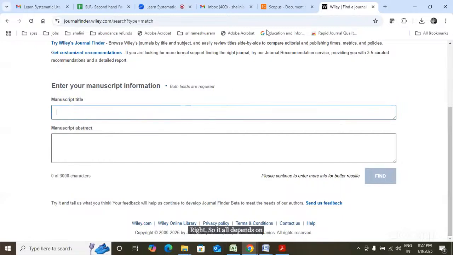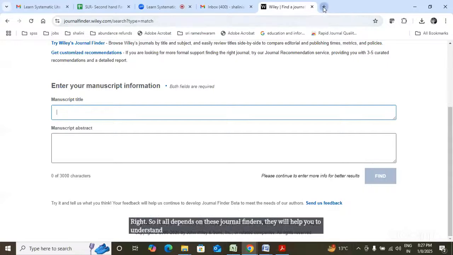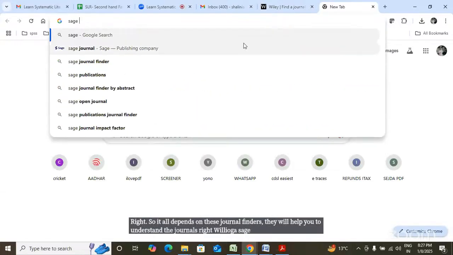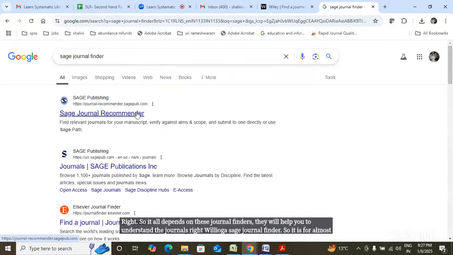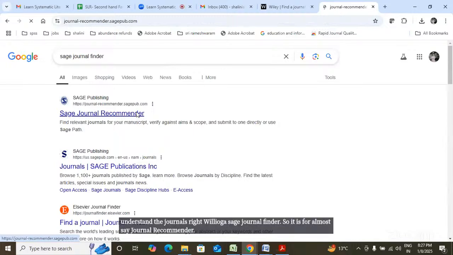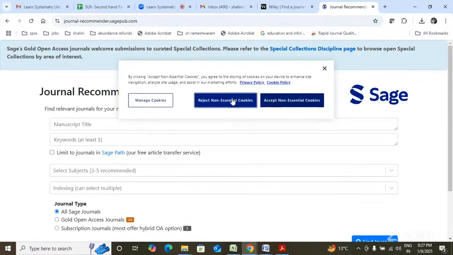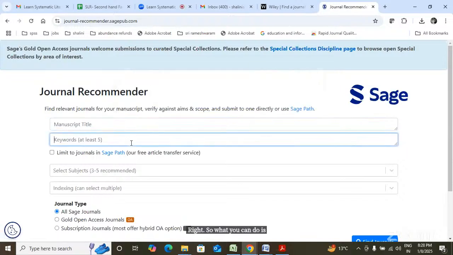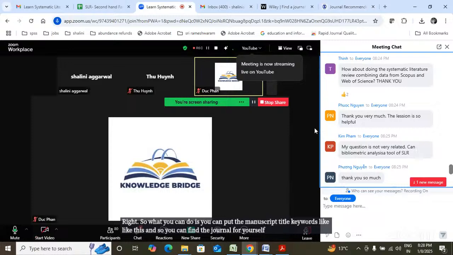These journal finders will help you understand the journals. Then there is the Sage Journal Finder, the Sage journal recommender. You can put in the manuscript title and keywords like this, and you can find the journal for yourself. I hope it is clear.